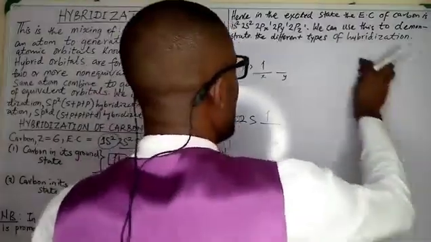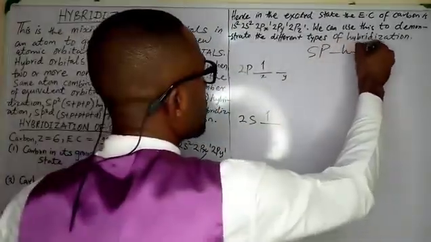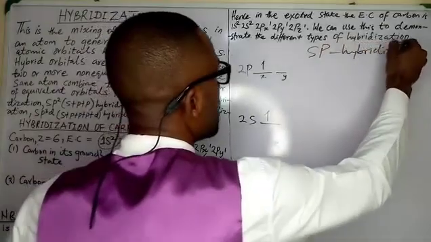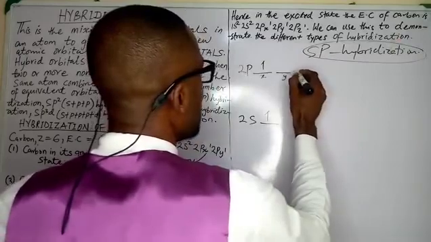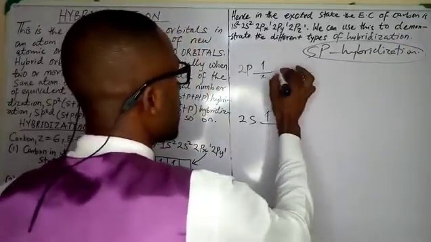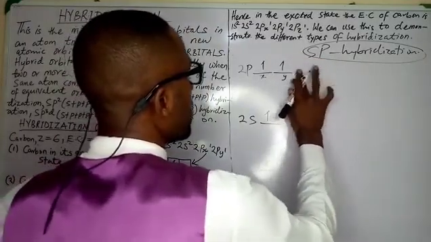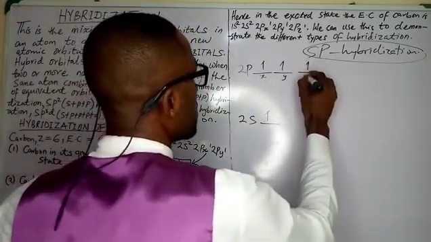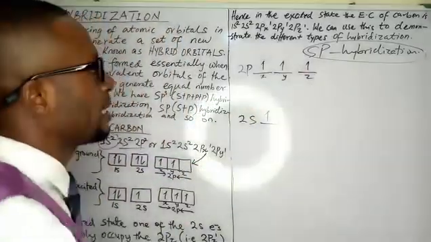So again, we are dealing with sp hybridization now. Let's bring back our excited carbon atom. Again, we are starting from the excited carbon.